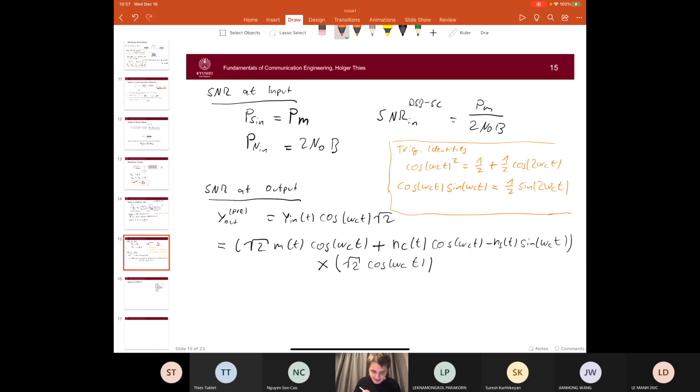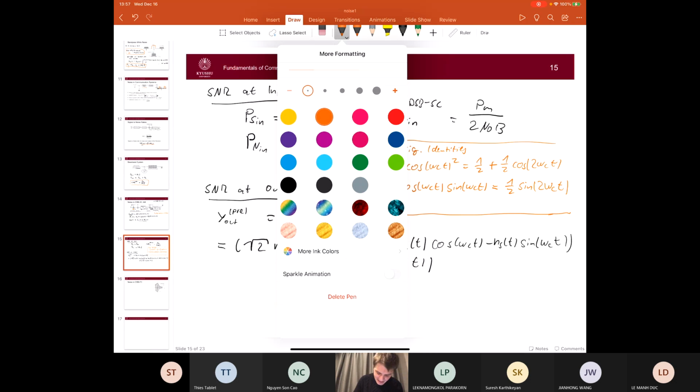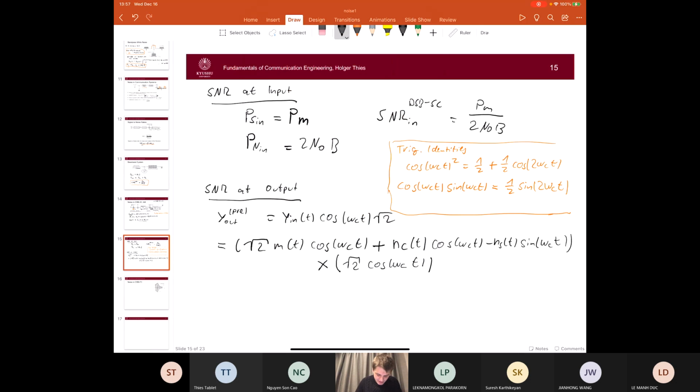Now let's look at what happens to the signal after filtering. Okay, so now we apply the filter, which means all components that have frequencies higher than the bandwidth of the message signal will be filtered out.